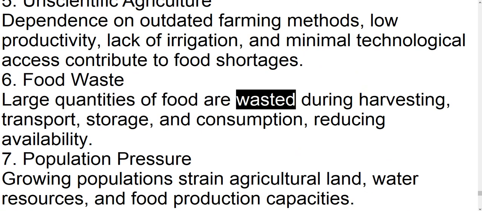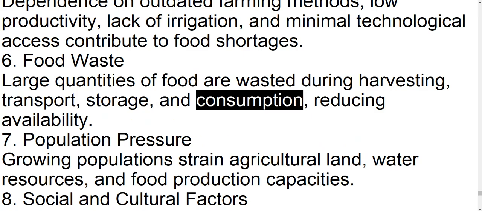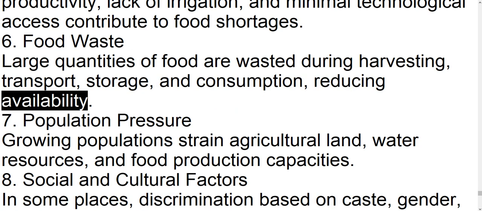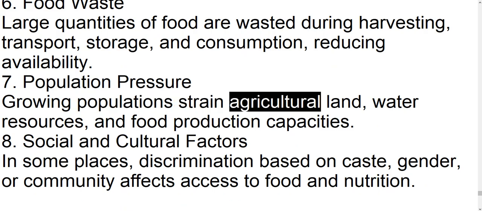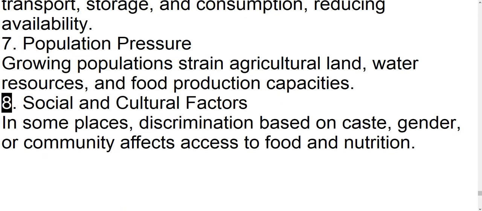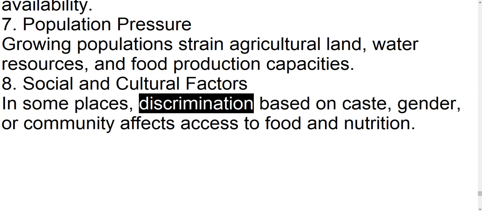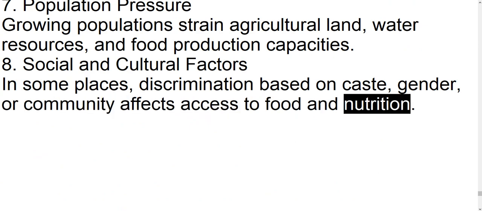Large quantities of food are wasted during harvesting, transport, storage, and consumption, reducing availability. 7. Population pressure. Growing populations strain agricultural land, water resources, and food production capacities. 8. Social and cultural factors. In some places, discrimination based on caste, gender, or community affects access to food and nutrition.